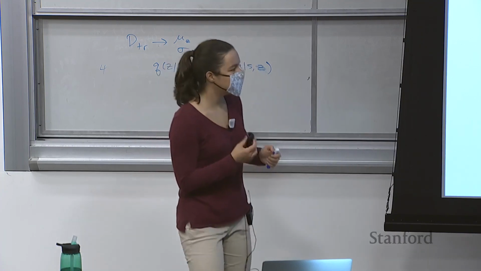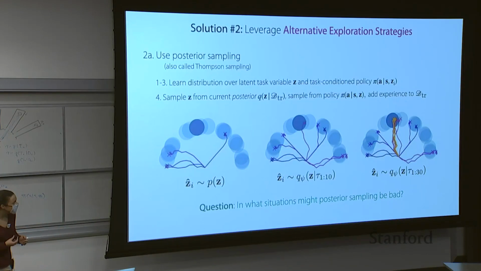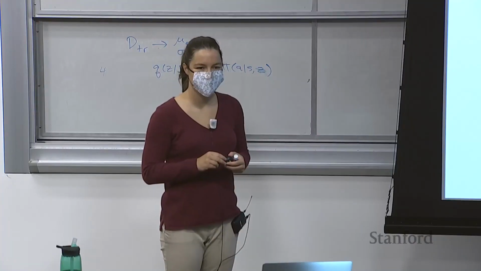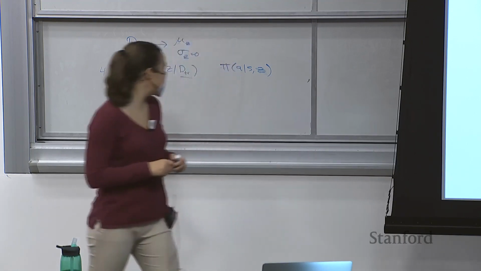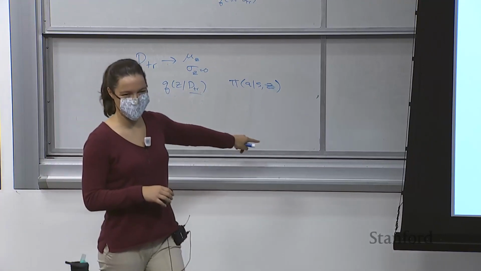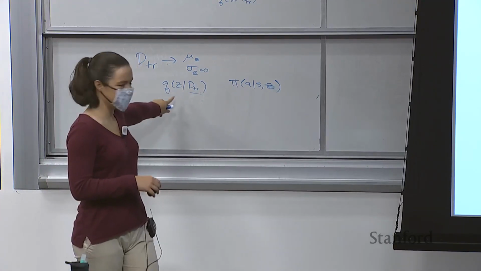Cool. So now a question for you. In what situations might this approach do poorly? If your posterior is not very good, then this is going to do very poorly. What if you have a very good posterior?